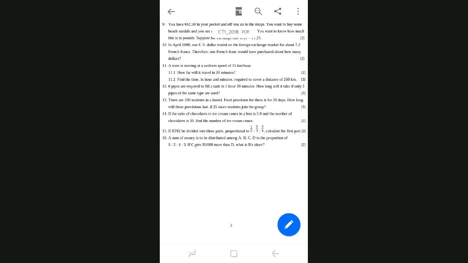The pipes will be equal to K divided by the time. That means the more the pipes, the smaller the time that you use. Is that clear? So now we have 6 pipes equals K divided by 80. So K will be 6 times 80, which will give us 480.